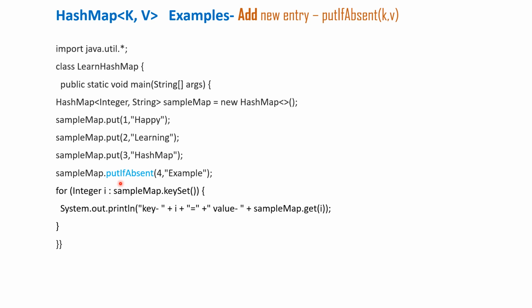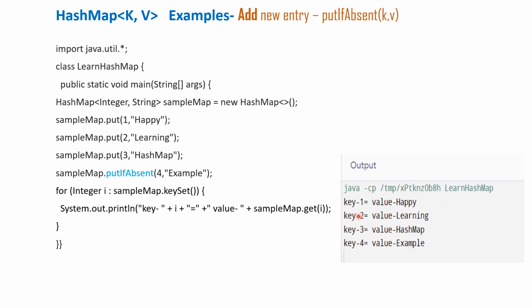Like the previous example, we just iterate the map and get the key value pairs. We should now get 4 entries of data in the hash map. So for adding a new entry, we have the default, or inbuilt method, provided by the hash map: put if absent, with the key value pair given directly.